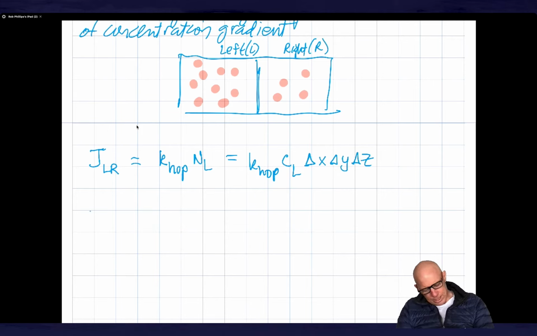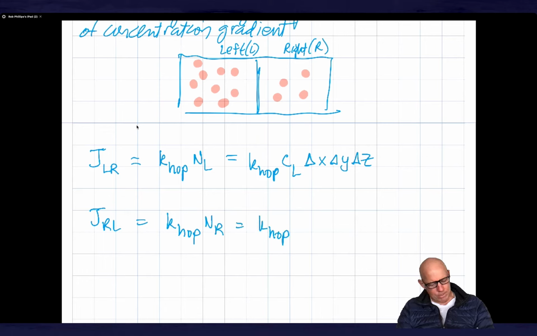And similarly, I have that J right to left is going to be k hop times the number on the right, and I can rewrite that also as k hop times c right, and then delta x, delta y, delta z.